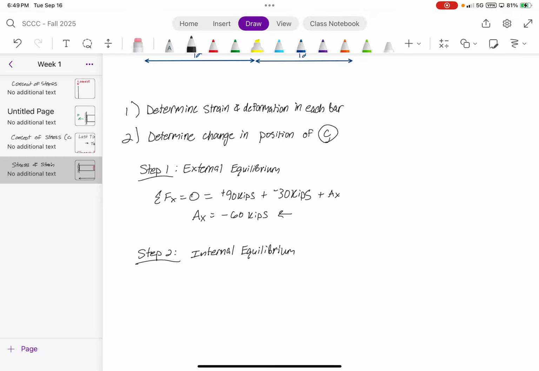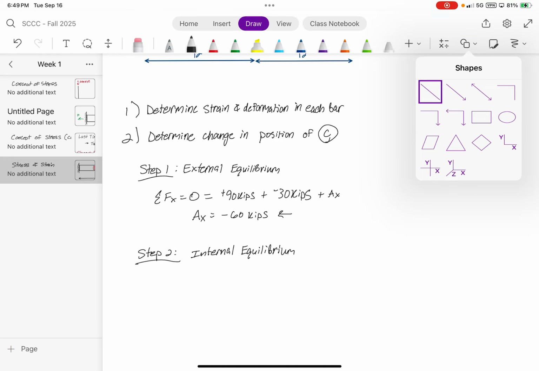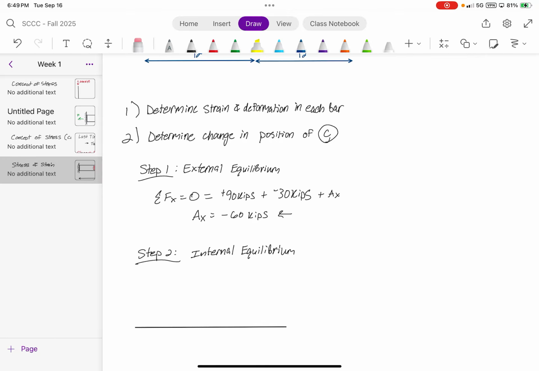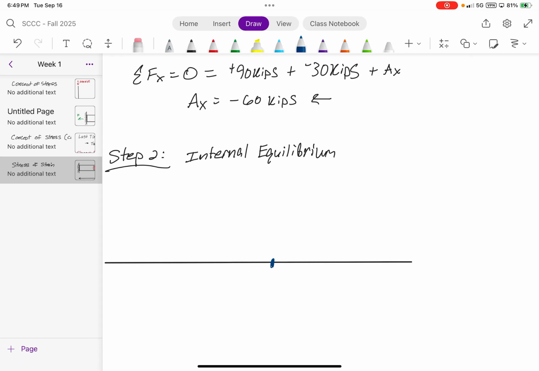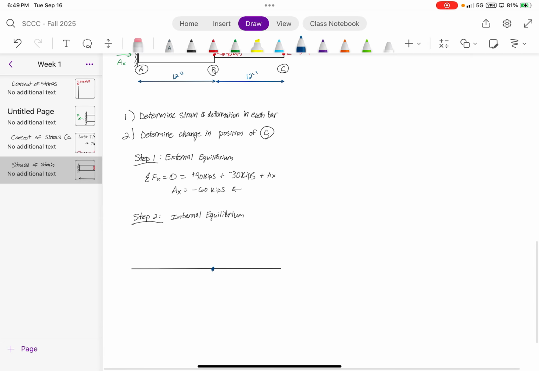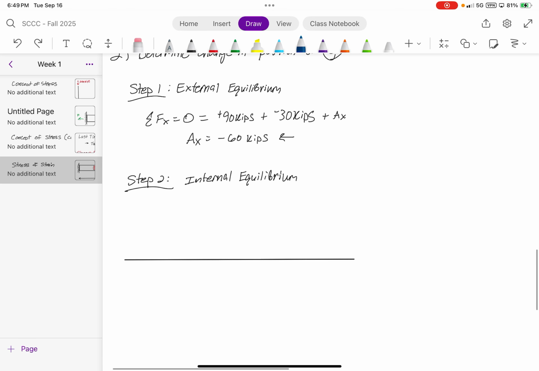And the way that we do that is by drawing our internal force diagrams. So this diagram would stretch to here. We've got this at about the transition point from steel to tungsten. I think it's a little bit more in the middle because it's 12 and 12.